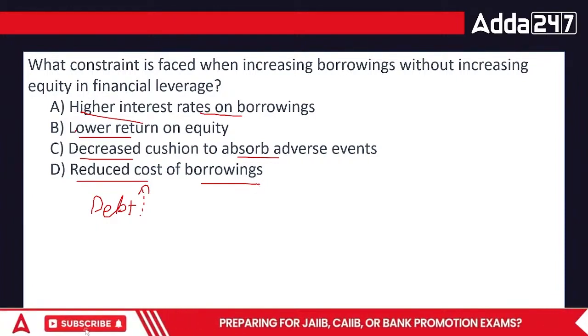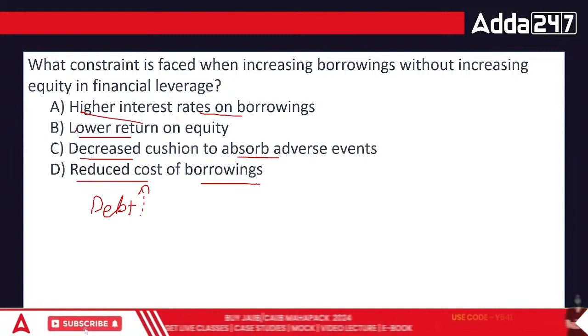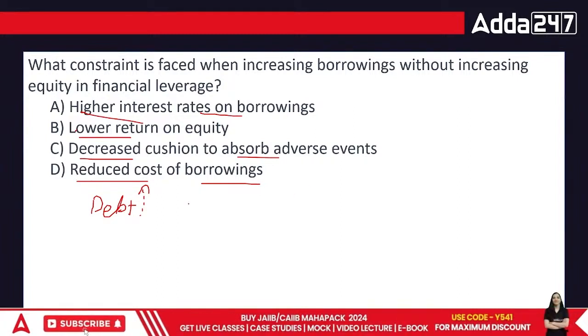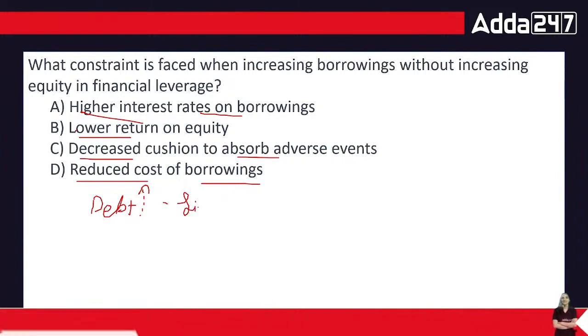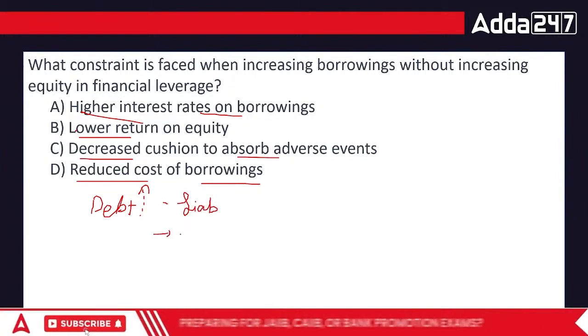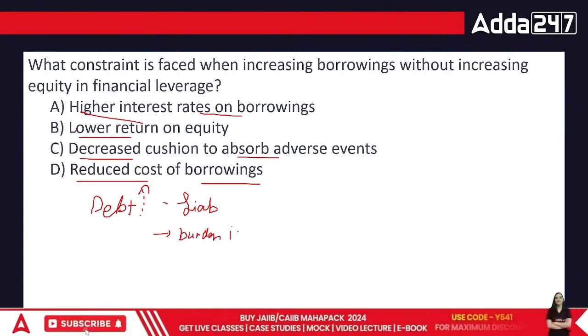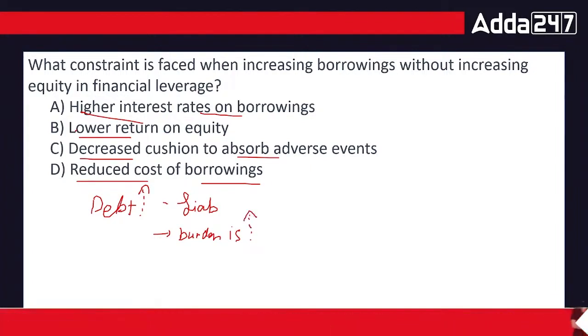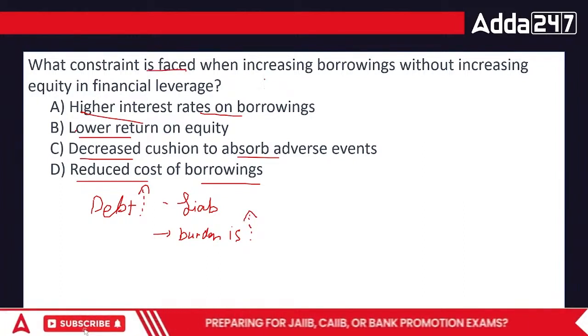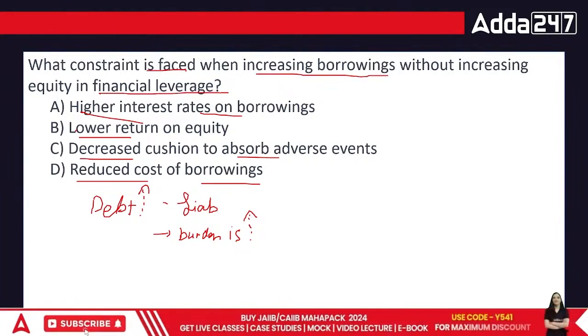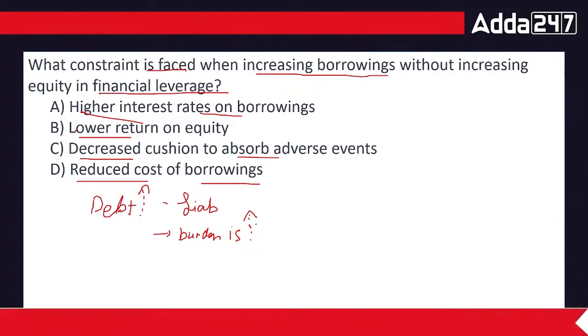But what if my debt is increasing, my liability is increasing, the amount that I have to pay, my burden is increasing. All these things are happening. So when we talk about what constraint is faced when increasing borrowings without increasing equity in financial leverage, what are we doing? We are increasing our debt.